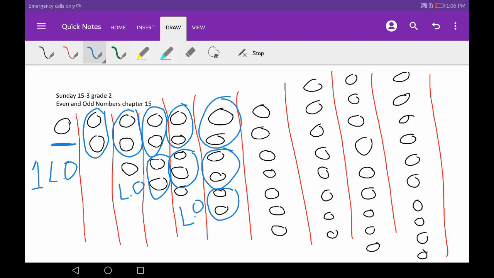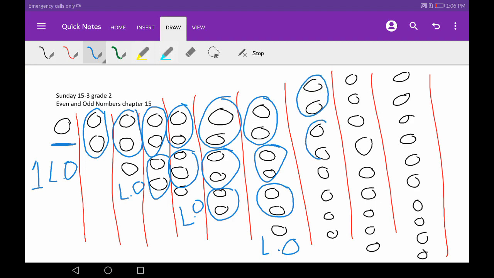Let's go for 7 and start dividing it into groups of 2. 1 group, 2 groups, 3 groups, and there is a leftover. So 7 divided by 2 has 1 as a leftover. Let's go for 8 groups of 2. 1, 2, 3, 4.